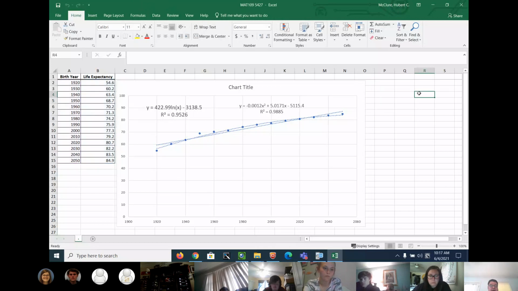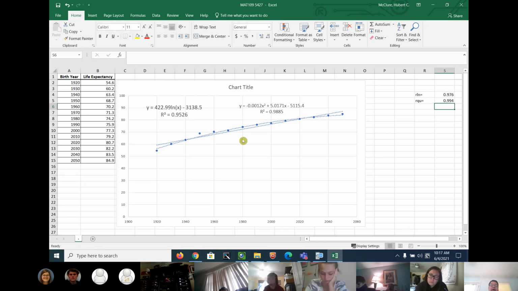So R for the natural log is equal to 0.976. Okay, now do the square root of 0.9885, R for the quadratic. Say again? 0.994. Now, by correlation standards, the quadratic is more accurate.